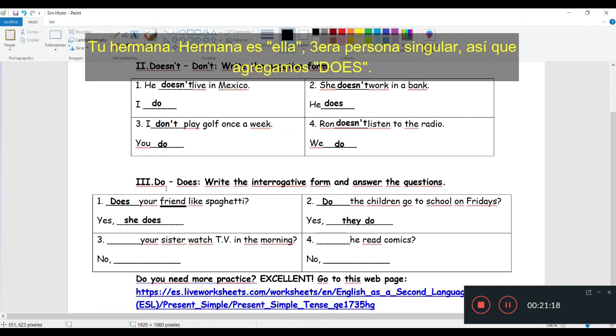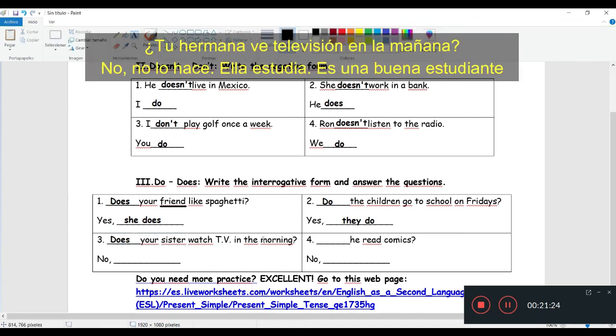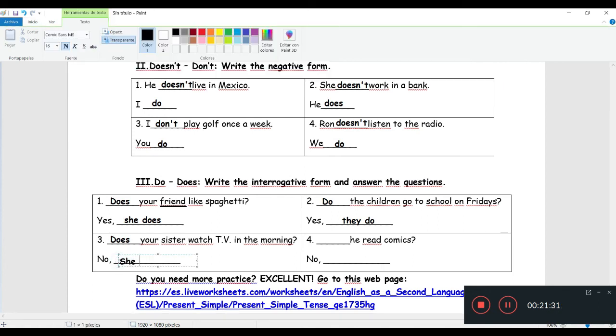So we add does. Very good. Does your sister watch TV in the morning? No, she doesn't. She studies. She's a good student. She studies in the mornings.